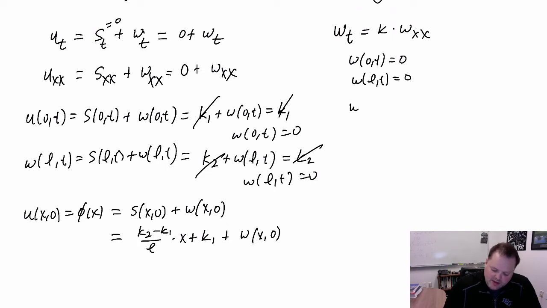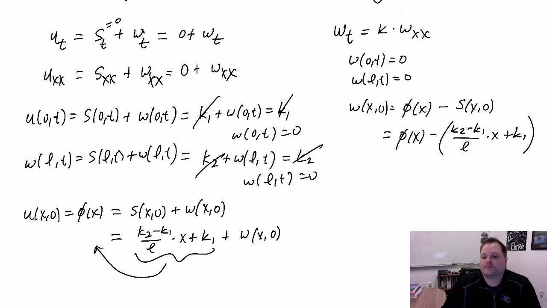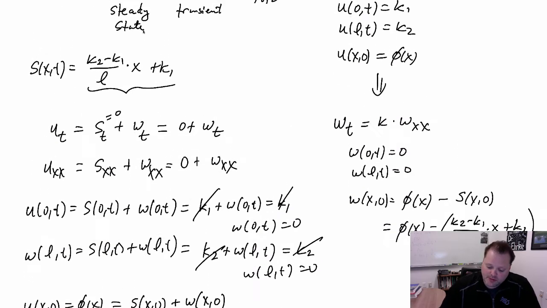So this tells me that w of x, 0 is phi of x, and I've got to subtract all of this, which I'm just going to write for now as s of x, 0. But we know that that is this term. So this is my new PDE to solve.